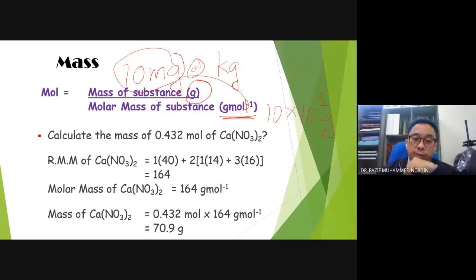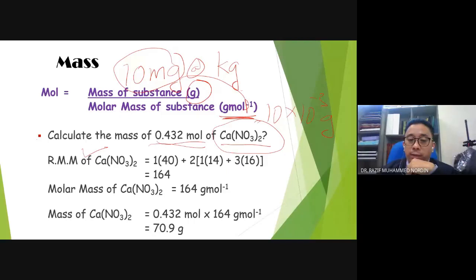Again, same thing, same compound, ionic compound, calcium nitrate. Let's say the mole of calcium nitrate equal to 0.432. So calculate the mass of it. At first, for sure, you kena write the right formula for calcium nitrate, and then you need to calculate the relative or molecular mass of calcium nitrate.